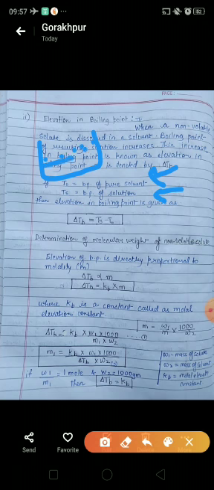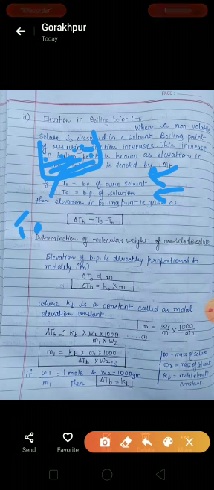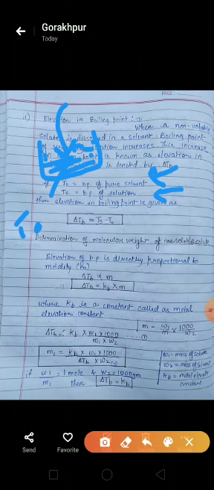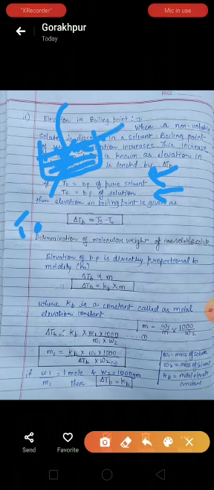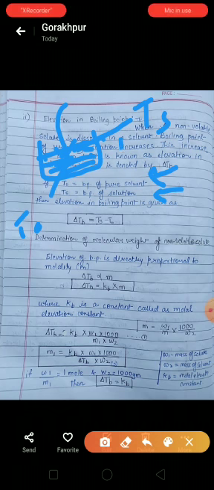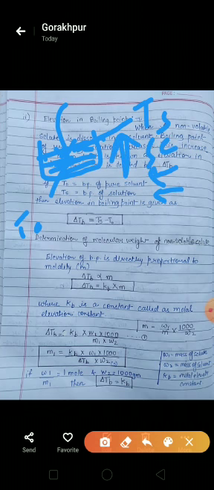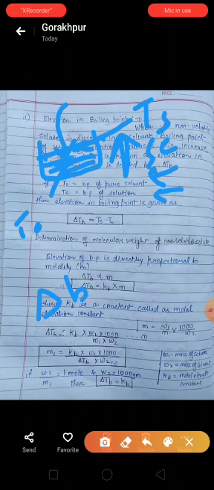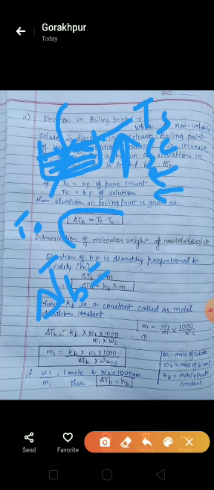Suppose this is a solvent and its temperature is T0, pure solvent, and when we are adding solute, then it becomes a solution and the solution's temperature, that is Ts, increases. So the difference in temperatures, delta TB, is equal to Ts minus T0.